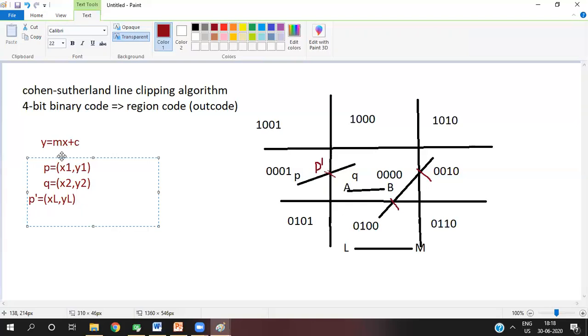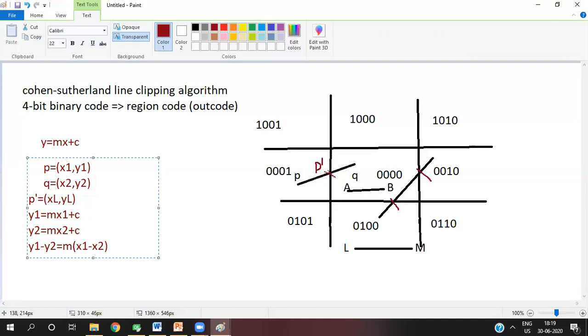Fine. So equation of a line is, for x1 y1 I can write y1 is equal to mx1 plus c. For q I can write y2 is equal to mx2 plus c. Yes, if I do y1 minus y2 or y2 minus y1, doesn't matter, y1 minus y2 is equal to m common x1 minus x2.